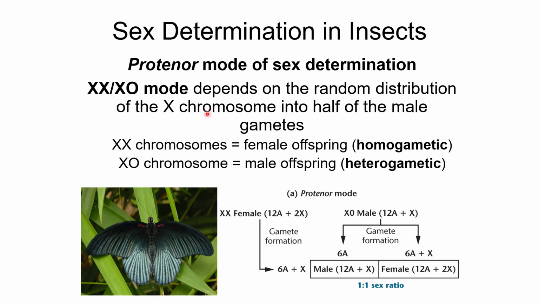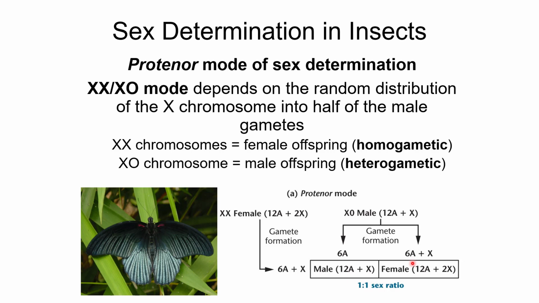And what we find is that what determines the overall sex of that offspring is whether they have the two or the one chromosome. So in females, having two will develop into females. Males, because they only have a single X chromosome, don't develop into females and develop into the male themselves.